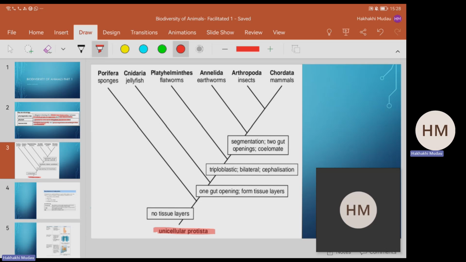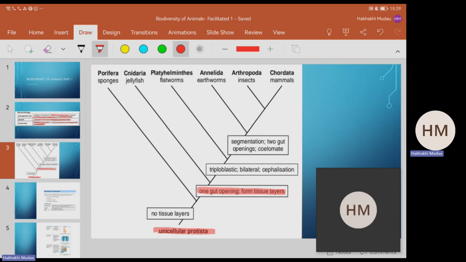And then that develops a gut opening and it forms tissue layers, right? After that, we form the Cnidaria, the example of that being a jellyfish. I remember mentioning yesterday that some Cnidaria are sessile and some of them are free living, just like the jellyfish.